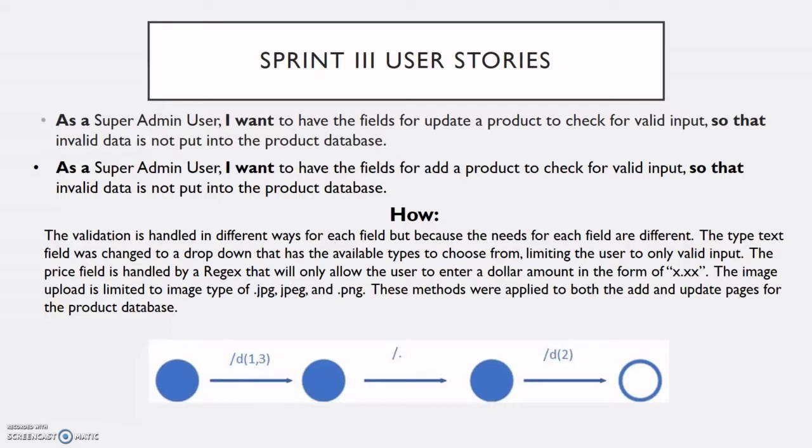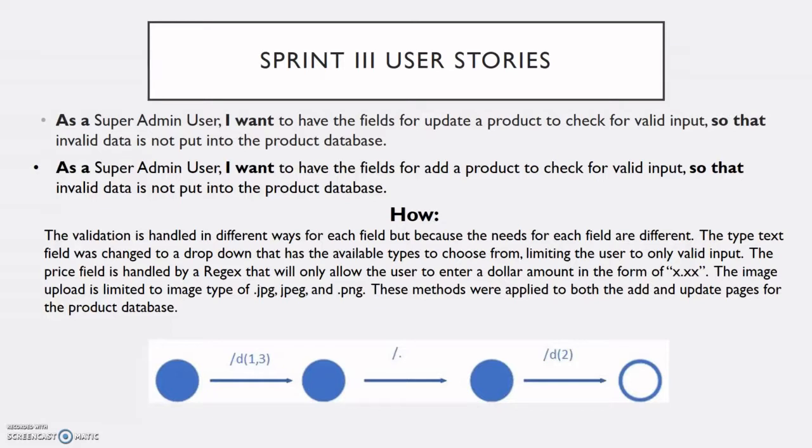How we're accomplishing this is different for each field because the needs for each field are different. The type text was a text field, and we actually changed that to a drop-down box that only gives valid inputs as an option.